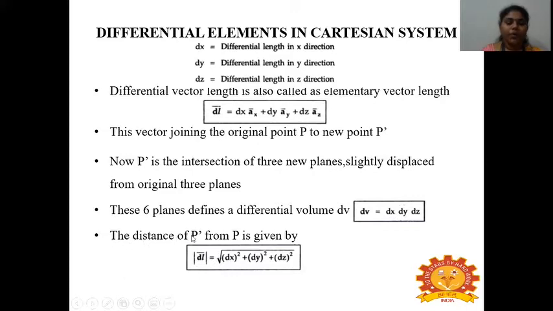The distance of the point P dash from P, that is the modulus of dl, is given by the root of dx square plus dy square plus dz square. So we have obtained the differential vector length, the differential volume dV, and the modulus of the differential length.